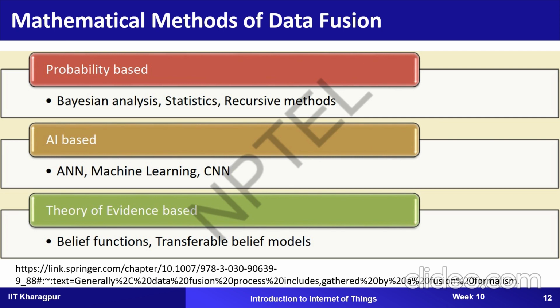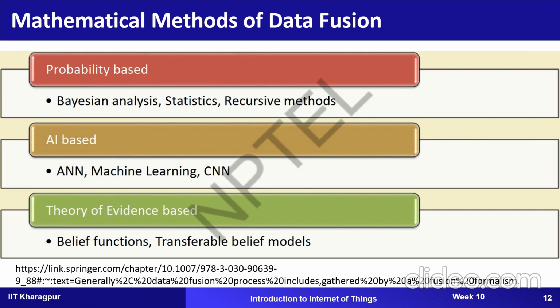Now the mathematical methods of data fusion. There are various mathematical methods that can be used. First one is probability based. Inside probability based there are various other methods such as Bayesian analysis, statistics, recursive methods. Next is AI based. So ANN, artificial neural networks, machine learning, convolutional neural networks can be used.